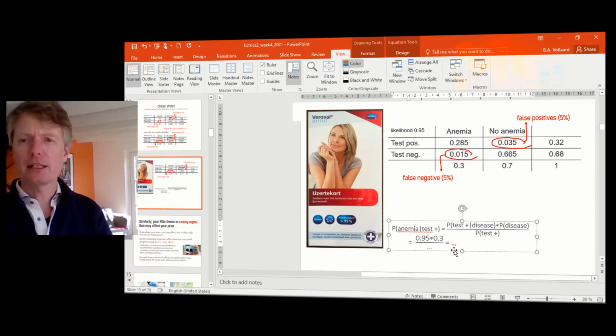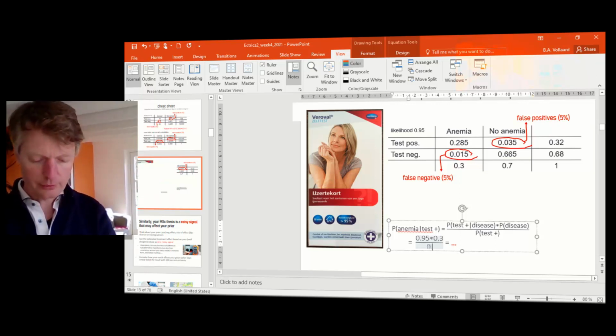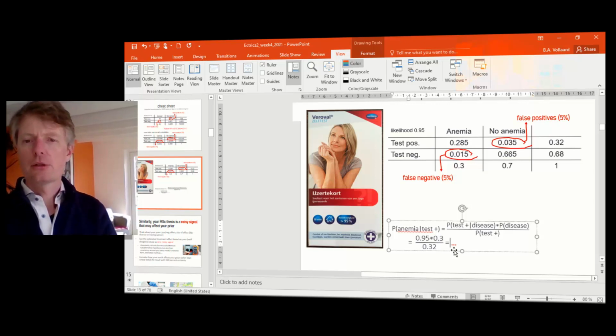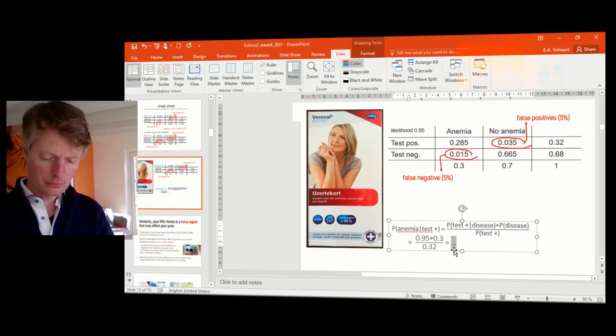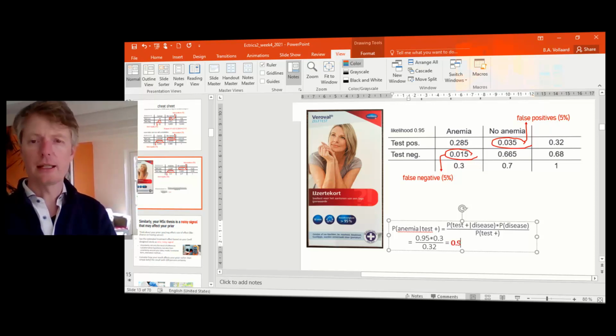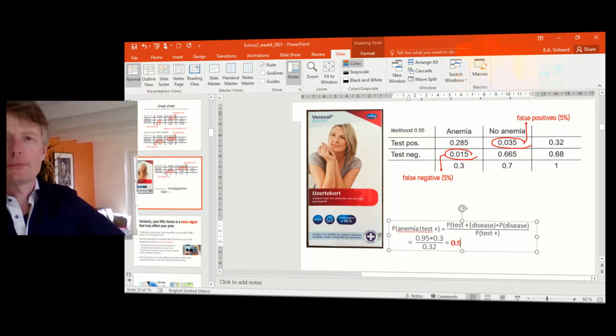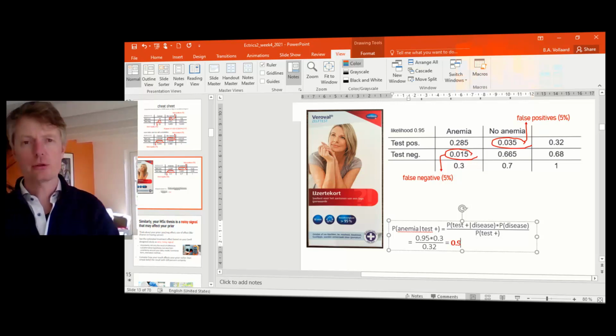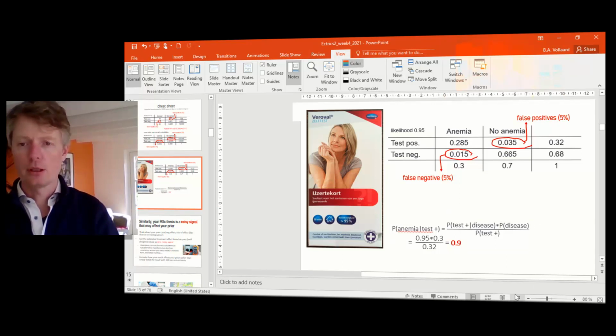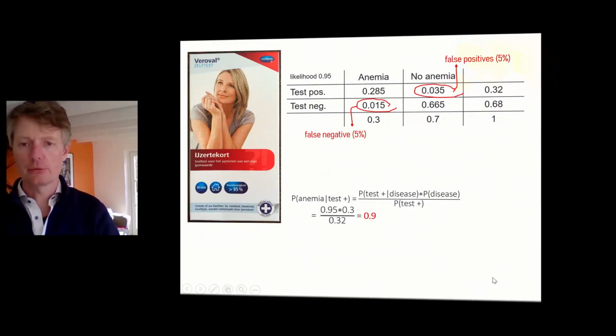And we divide that by the chance of getting a positive test result, which is 0.32, right? So now I know that I have a good chance of having an iron deficiency given this test result, right? So that's how it works, and you can use it for all kinds of purposes, including one of those self-tests of having the disease or not.